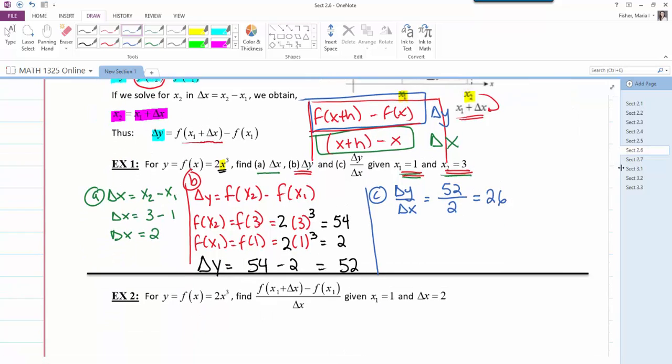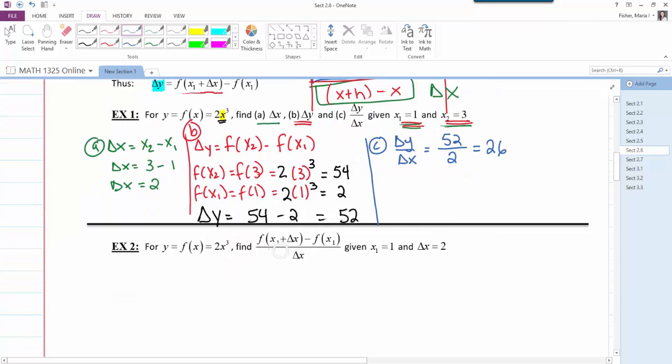For f of x equals 2x cubed, find f of x sub 1 plus delta x minus f of x sub 1 all over delta x, given that x sub 1 is equal to 1 and delta x is equal to 2. Okay, so what I need to do is find f of x sub 1 plus delta x and f of x sub 1 as well.